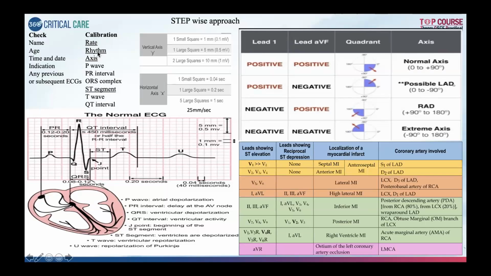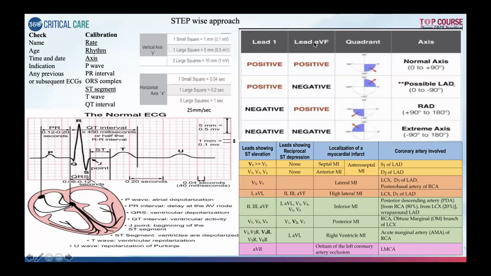Next, come to the rhythm, whether it's regular, irregular, regularly irregular, or a rhythm you'll have to interpret. Next comes the axis. How are you going to interpret it? A short method is to look at lead 1 and AVF.